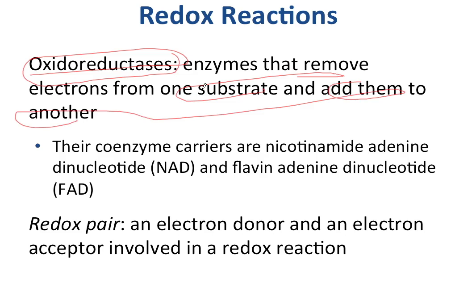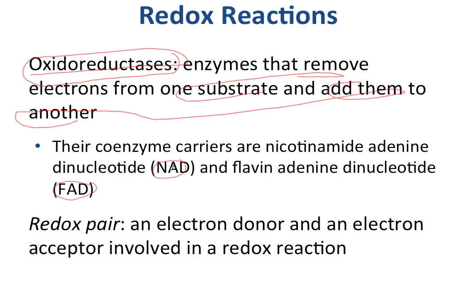The specific oxidoreductases used in living organisms: there are two. One is nicotinamide adenine dinucleotide, also called NAD. The second is flavin adenine dinucleotide, also called FAD.